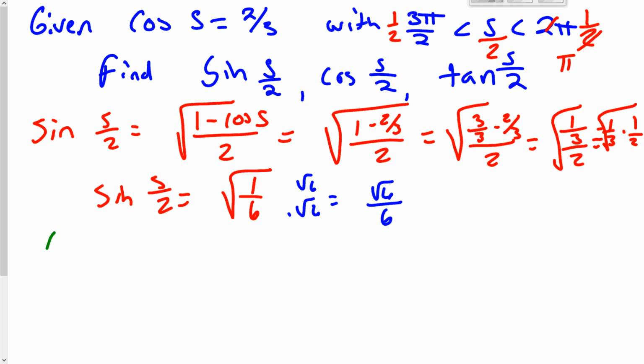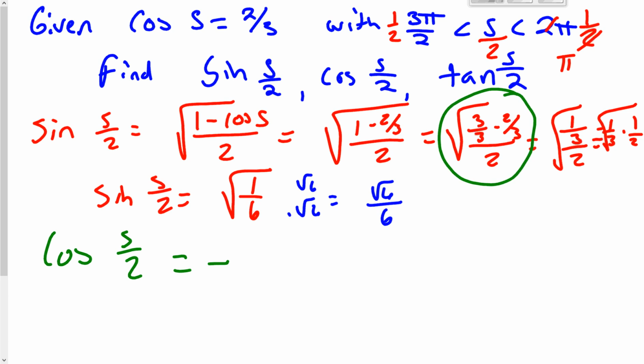Okay, now we can do cosine. Cosine is the same exact thing, except we're going to subtract, right? So since it's the same thing and we're going to subtract, and we know it's in the second quadrant, so this one we do know is going to be negative. So can I jump down to that one and do square root of 3 plus 2 numbers in there, just cosine of s.